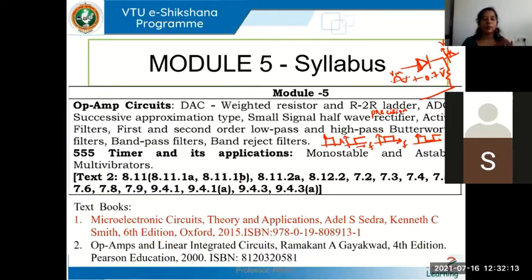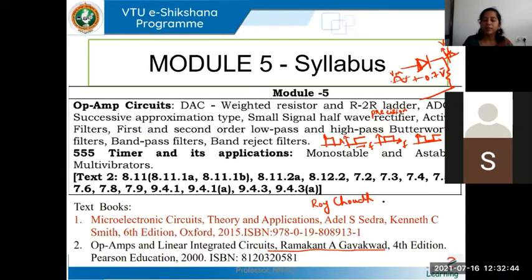And the textbook which you have to refer for this portion of the syllabus is text 2. As you can see, the different units which you have to refer in text 2 are also mentioned here. You have to refer to Op-Amps and Linear Integrated Circuits by Ramakant Gaikwad, 4th edition. Other than this, Op-Amps and Linear ICs by Roy Chowdhury is also a very good textbook.